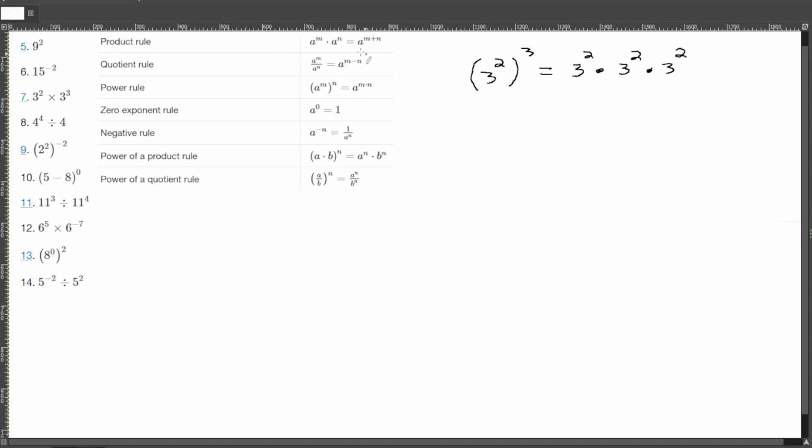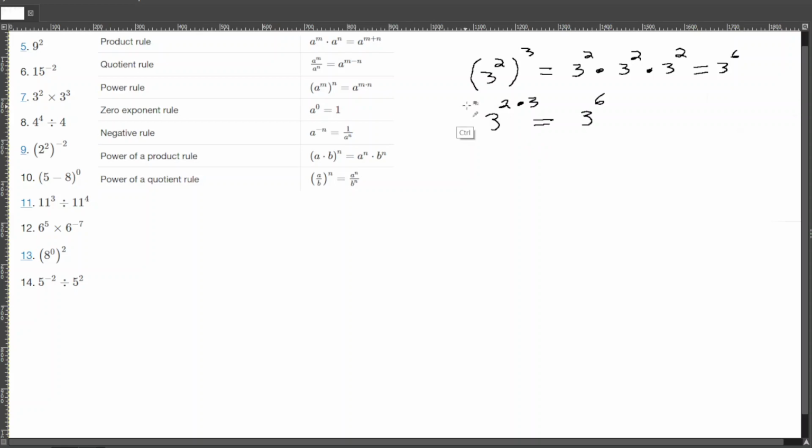But we already looked at this rule: if we're multiplying and they're the same base, the base is 3, we just add the exponents. So it's 3 to the 2 plus 2 plus 2, so that's 3 to the 6th power. I'm not going to calculate that, it's some number. But do look at that: what this rule states is take the inside power times the outside power, and you get 3 to the 6th. So that's the power rule.